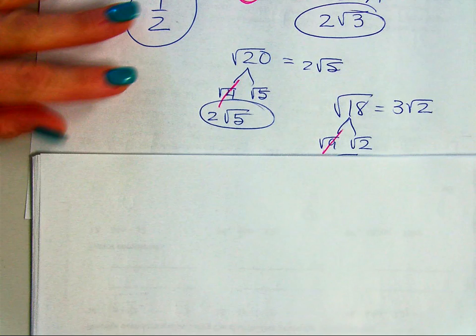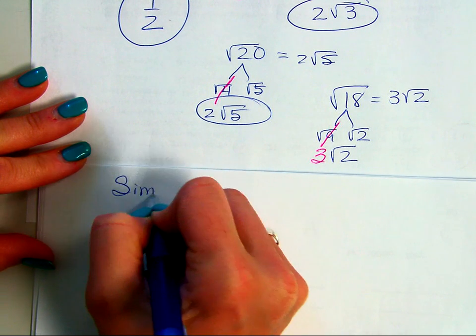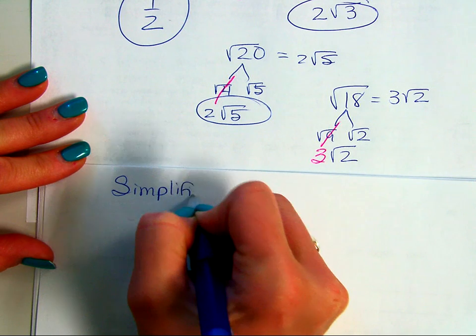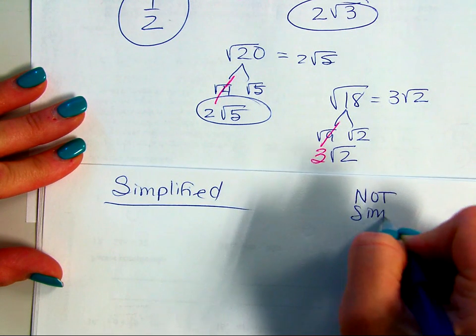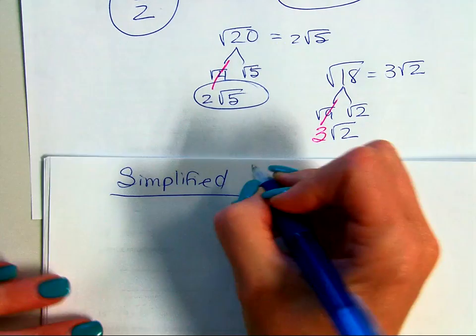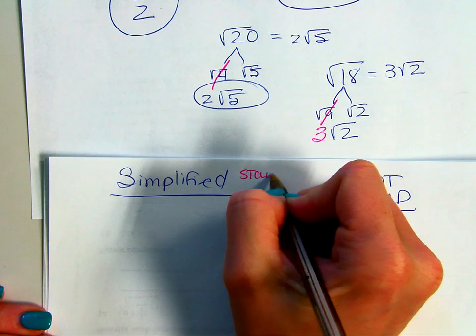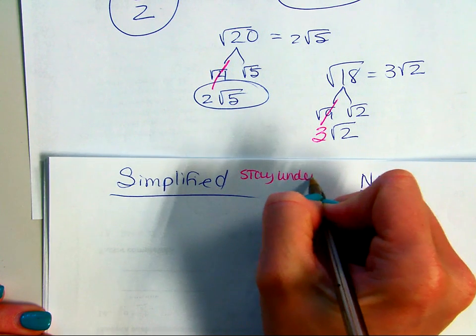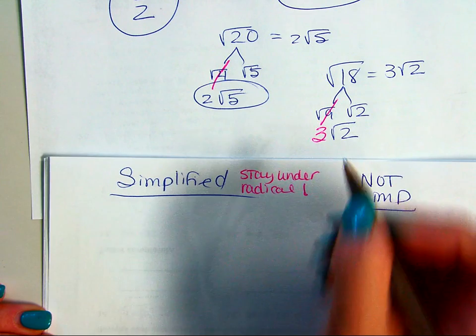So let's talk about how do you know if it's simplified or not. We're gonna make 2 little columns: simplified and not simplified. If it's simplified, that means it has to stay under the radical. It can never come out.